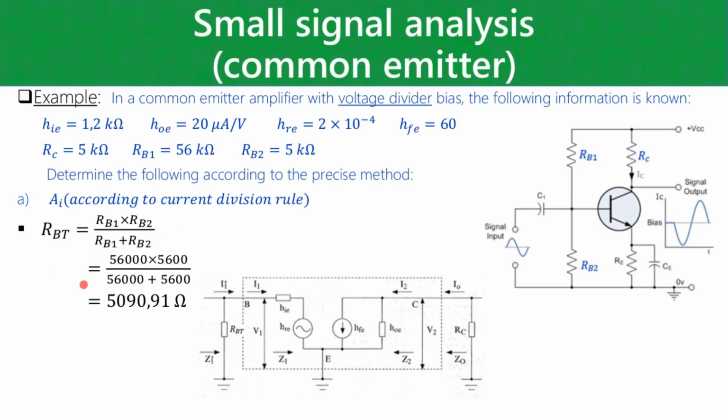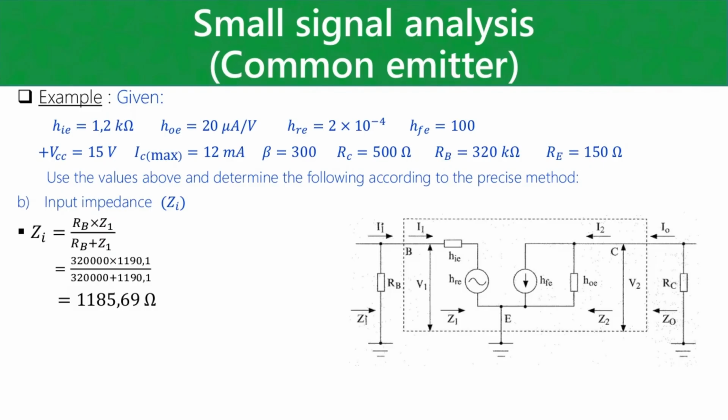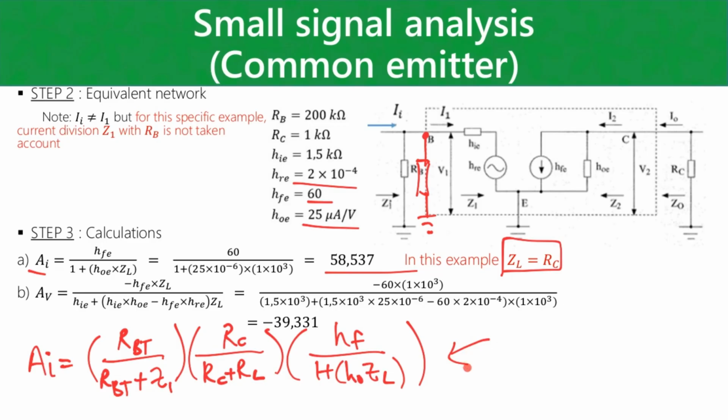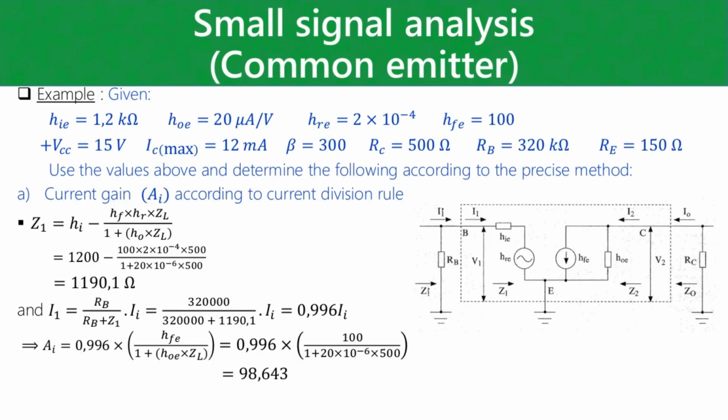The current division rule that I have in the examples is a bit of an old way of doing it. There is another way of doing the current division, which I don't really like that much. It's a bit complicated, but it essentially boils down to using this formula, except you calculate the fractions for each of these resistor combinations separately and then multiply with the current gain.